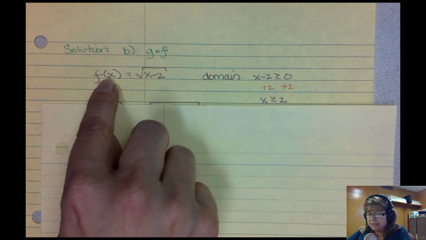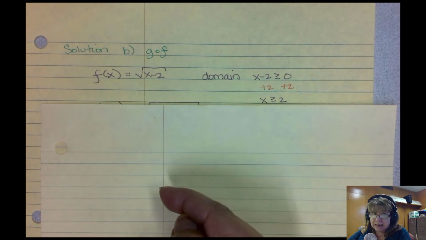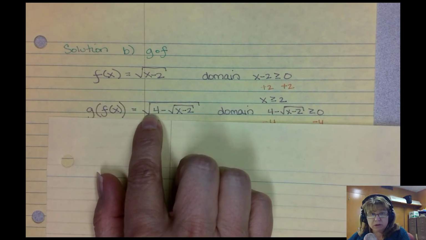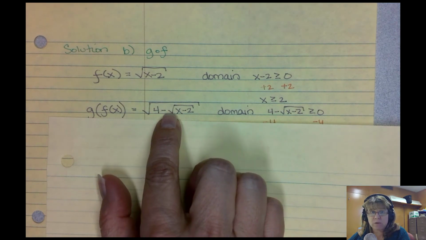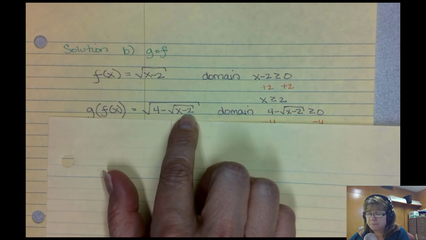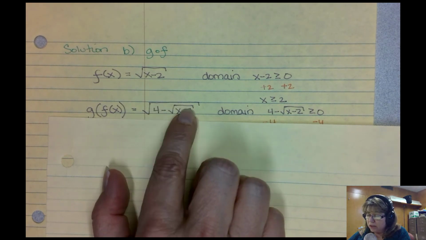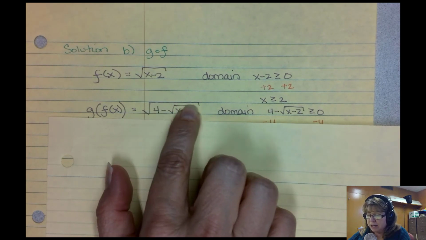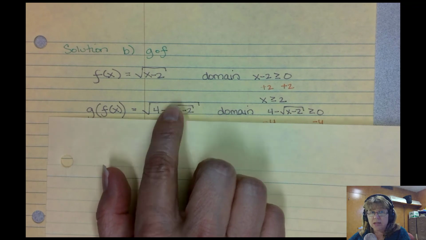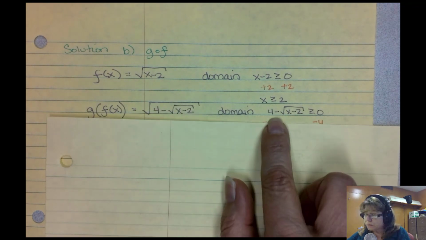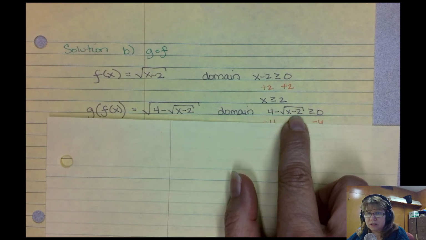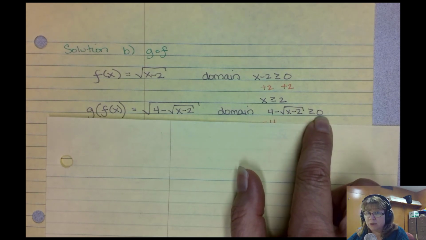Now placing f of x inside g of x, we get the square root of 4 minus the square root of x minus 2. Figuring out where this is greater than or equal to 0, because again, inside this whole entire radical needs to be greater than or equal to 0, we get 4 minus square root of x minus 2 is greater than or equal to 0.